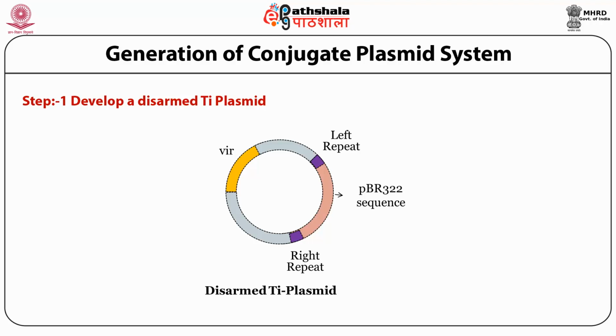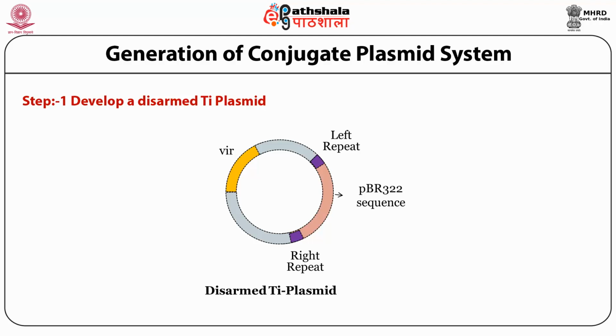Now this sequence is going to be the same in the intermediate plasmid also, and this disarmed Ti plasmid contains the virulence operon which is required for transferring this tDNA into the plant cell, and the virulence operon contains a range of genes which are involved in various steps required for the transfer of tDNA.